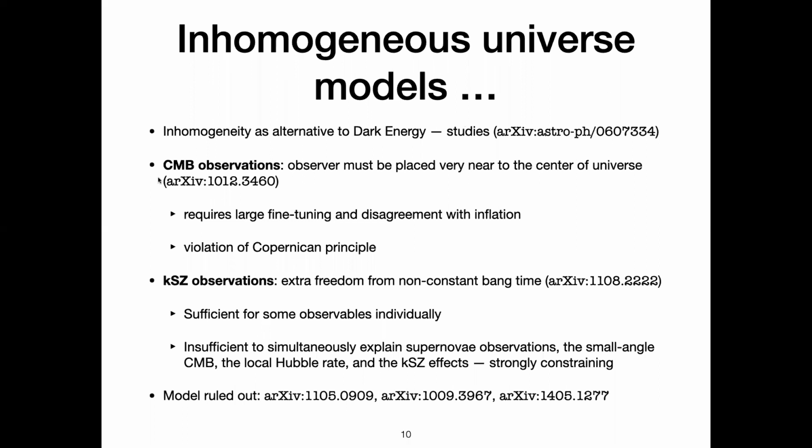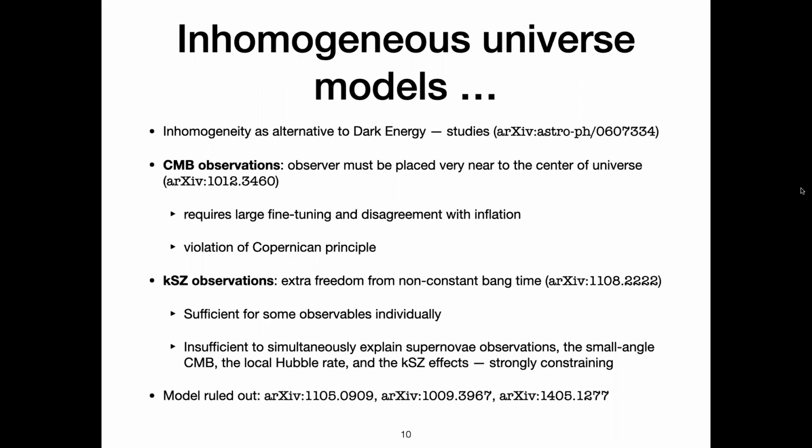So we'll see why. If we look at the CMB observations, and if we fit this model to the CMB observations, then there are studies concluding that the observer should be placed very near to the center of the universe. So this requires in general a very large fine tuning, and it is in disagreement with the inflation stage of the universe.